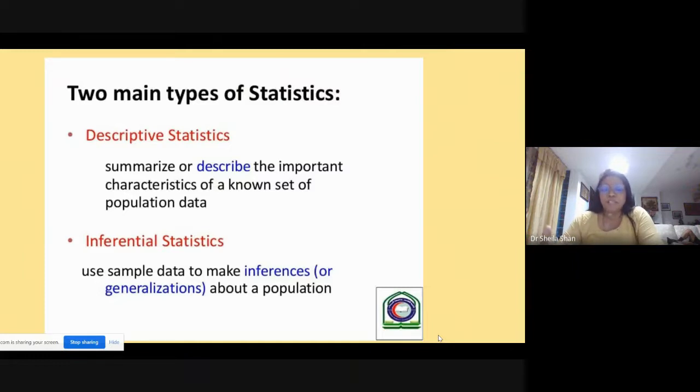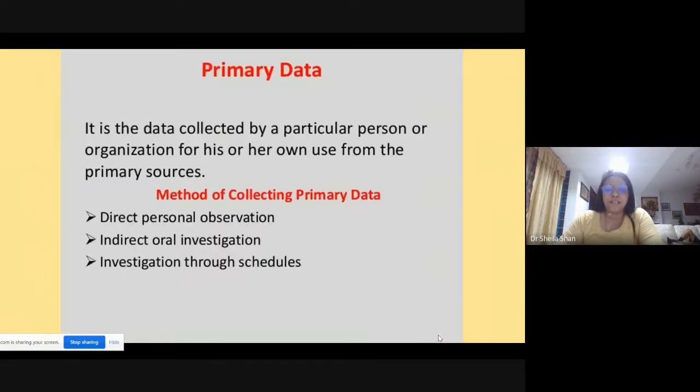But most of the time our research only stops at descriptive statistics. We don't go into inferential statistics in PIDC, because of the reason that I explained just now. All right. So when you collect data, we have talked about this before. Methods of collecting primary data: direct personal observation, indirect oral investigation by interview, investigation through schedules.